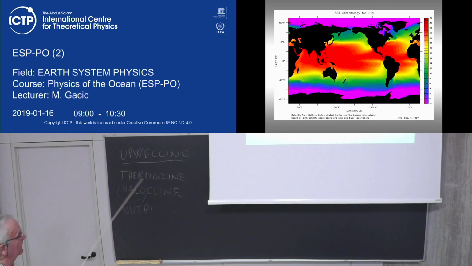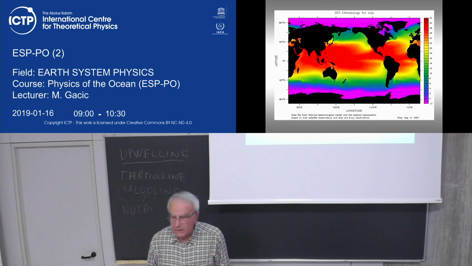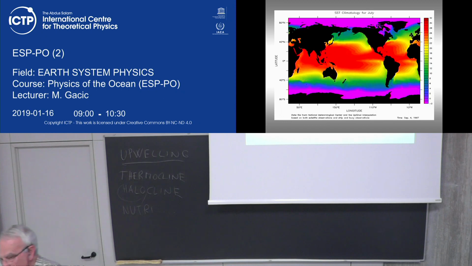We'll be talking about upwelling much more later on, and we'll see what kind of wind we need in order to generate the upwelling, and how we can predict whether an area would be an upwelling favorable area or not.